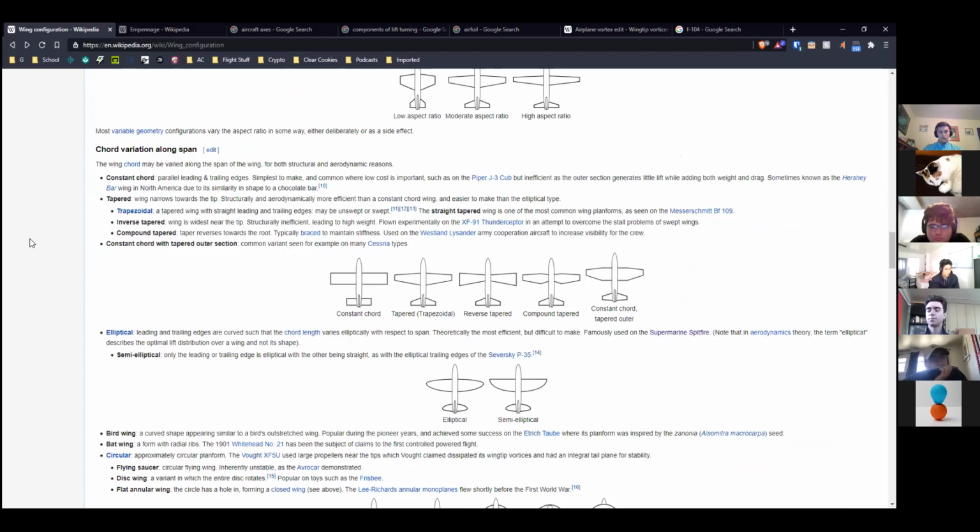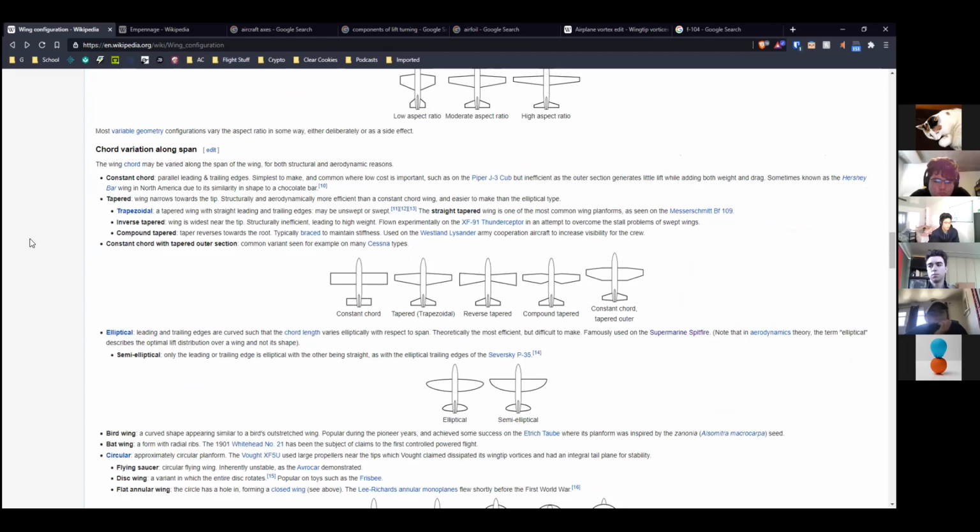Okay, so the chord can be varied as you move along the wing, and there's some different reasons you would do that.